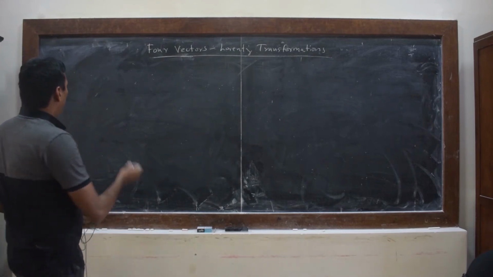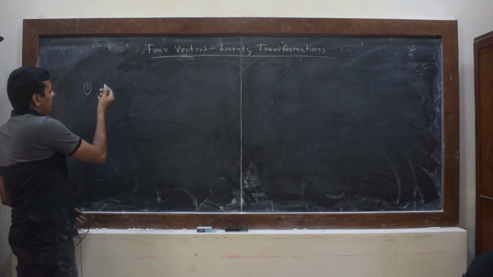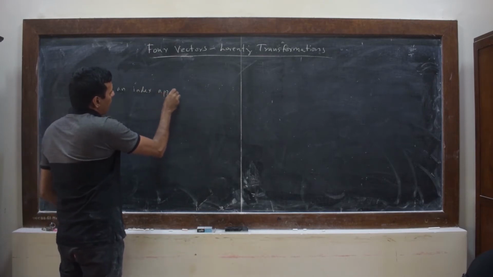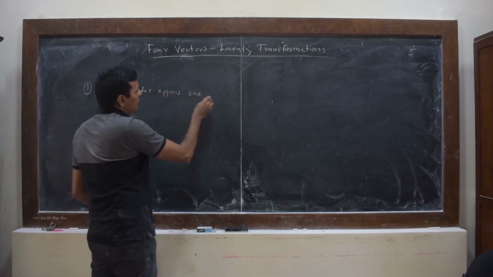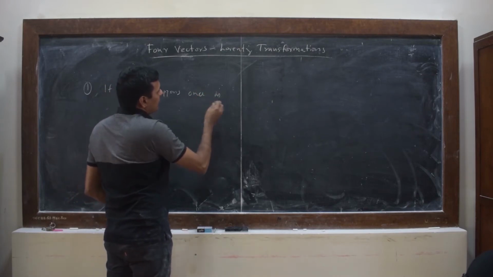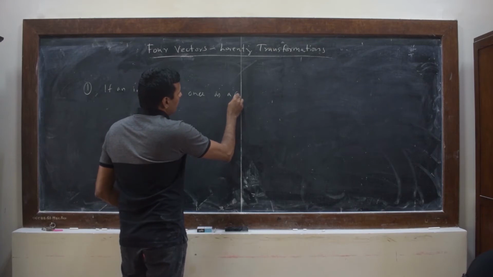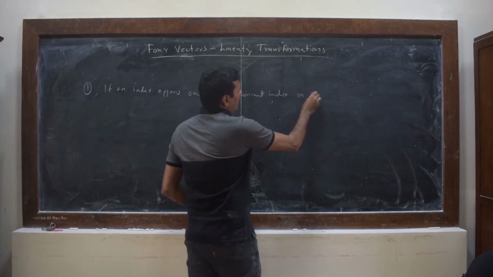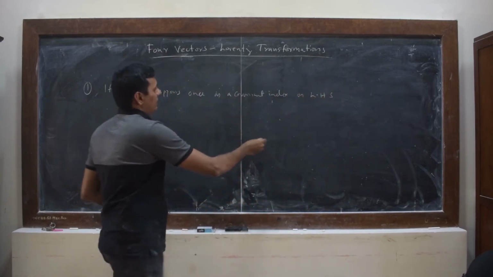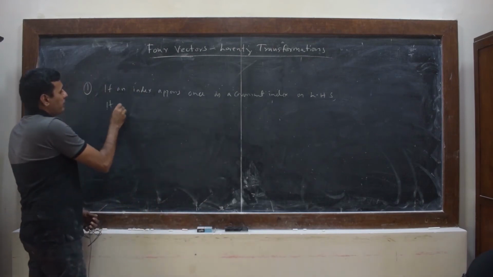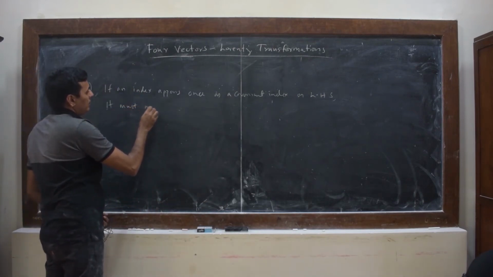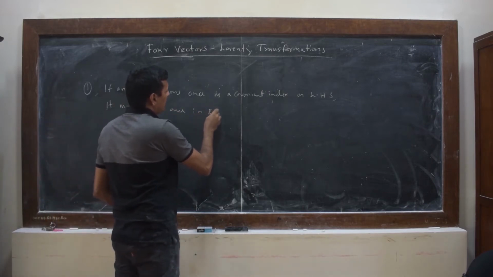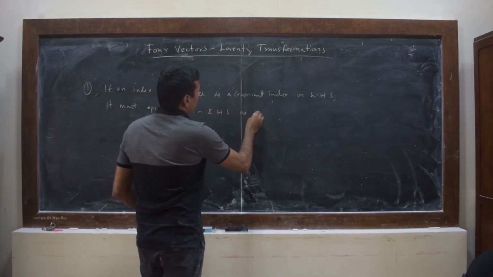In this case, if an index appears once as a covariant index on the LHS, it must appear once on the RHS as a covariant index.